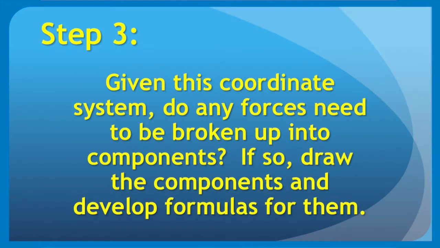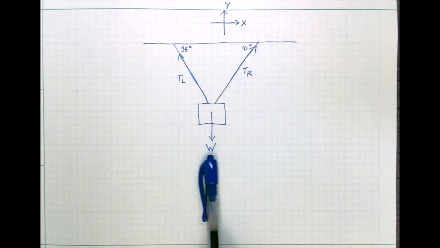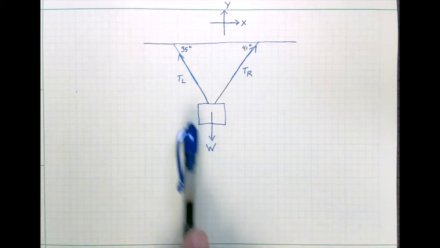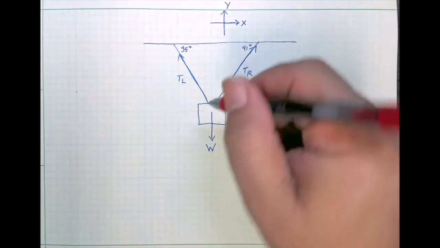Step 3 is, given the coordinate system, do any forces need to be broken up into components? If so, draw those components and write out formulas for those components. Well, looking at our diagram here, we see that only one force is purely vertical, and that's the weight force. The other two forces do indeed have horizontal and vertical components, and we can draw those components.